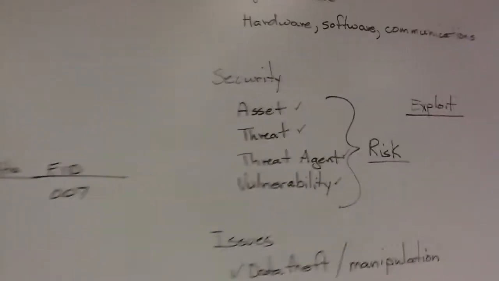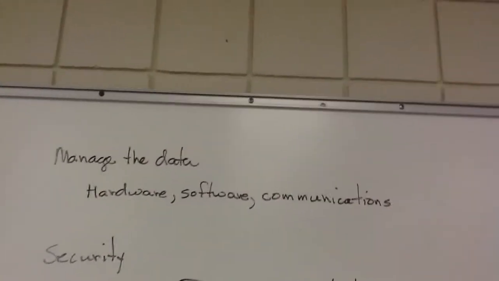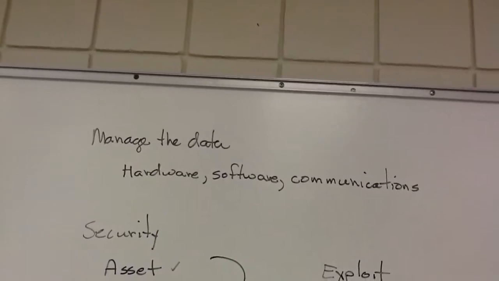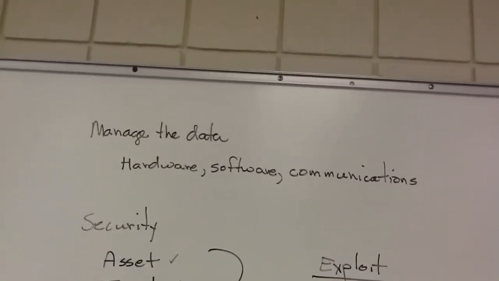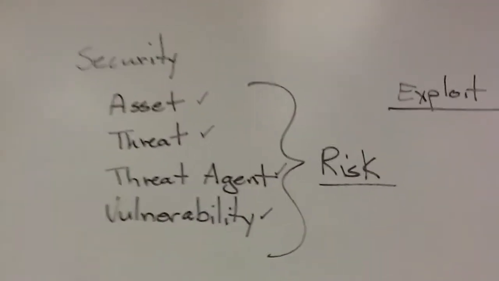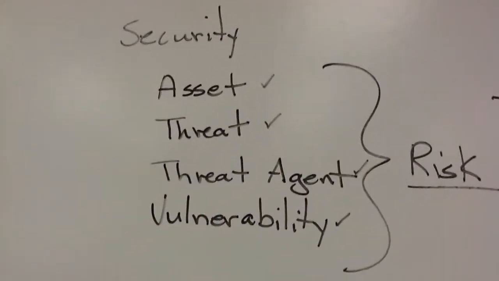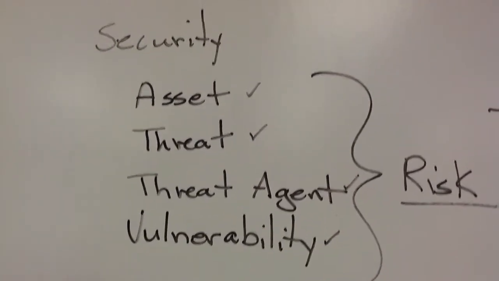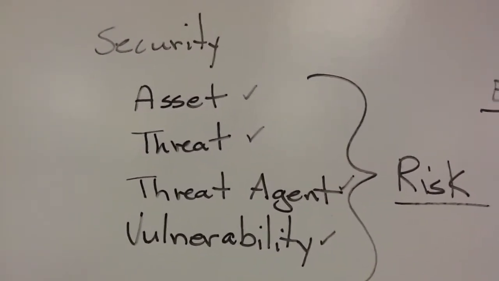We talked some more about managing data. We use hardware, software, and communications in order to work at managing data. And we talked about products, procedures, policies, and so forth. A few terms with security. The data, which we're talking about in this class, but you could think of any asset, something that has value, and then is there a threat on the asset?